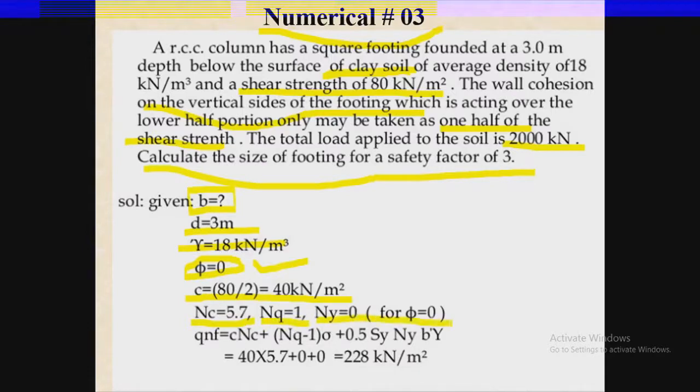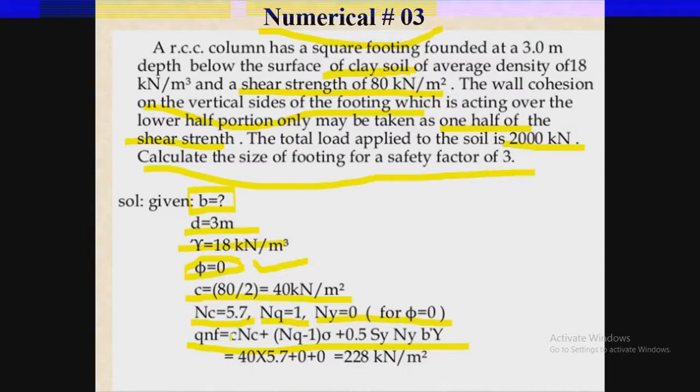For this you can use that graph and the formulas which I have discussed in my previous slides. Then the net ultimate bearing capacity is equal to cNc plus (Nq minus 1) into sigma, where sigma is the surcharge pressure, gamma into D_f, plus 0.5 S gamma N gamma B into gamma.